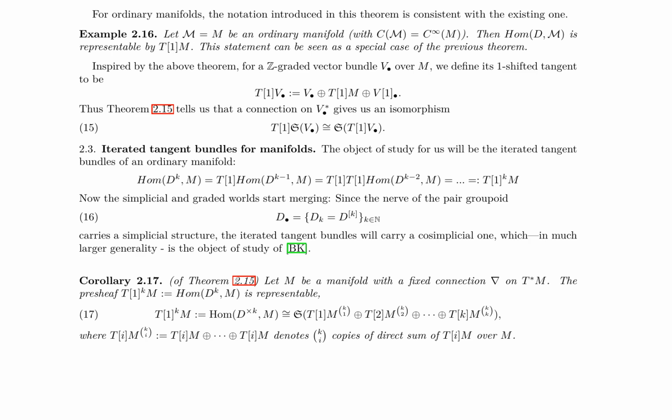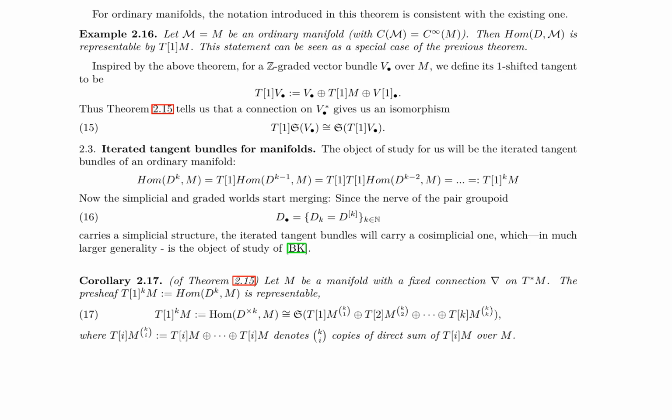Furthermore, the concept of iterated tangent bundles for manifolds, denoted as T[1]^k M, is introduced. These bundles can be represented as a cosimplicial structure due to the simplicial structure of the nerve of the pair groupoid D. Corollary 2.17, a consequence of theorem 2.15, demonstrates that the presheaf T[1]^k M is representable and can be expressed as a direct sum of T^i M[k] for i equals 1 to k.